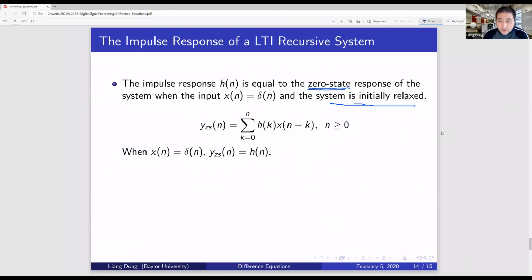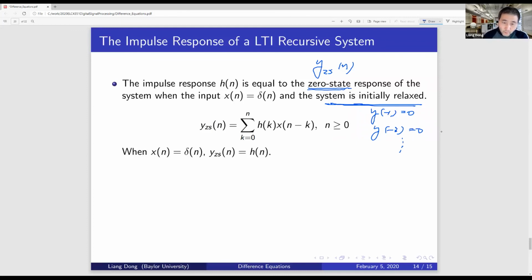So it's a zero state response. We are only looking at the zero state response because the system is initially relaxed. Initially relaxed meaning that all these are zeros. And the input is the delta function. Of course, that's the definition of the impulse response.